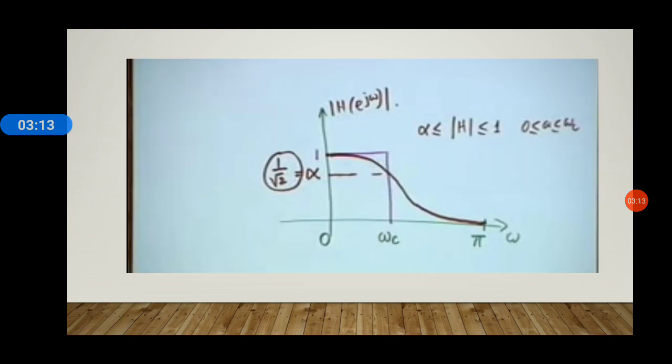So in order to have a more practical low pass filter, the graph or the plot should be a monotonically decreasing plot rather than the drastic or sharp plot that the ideal characteristics show.